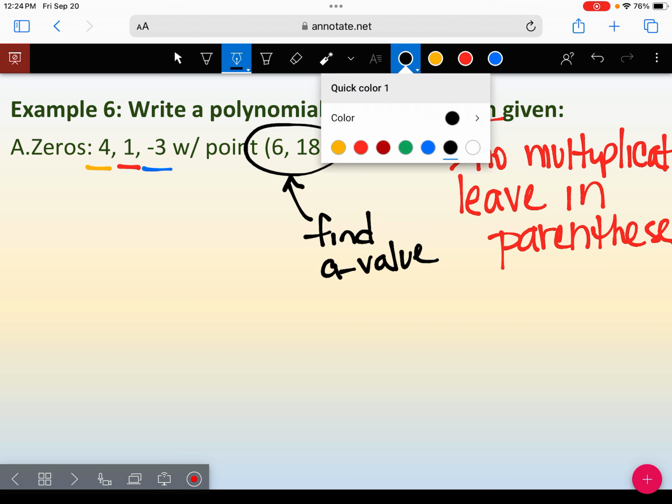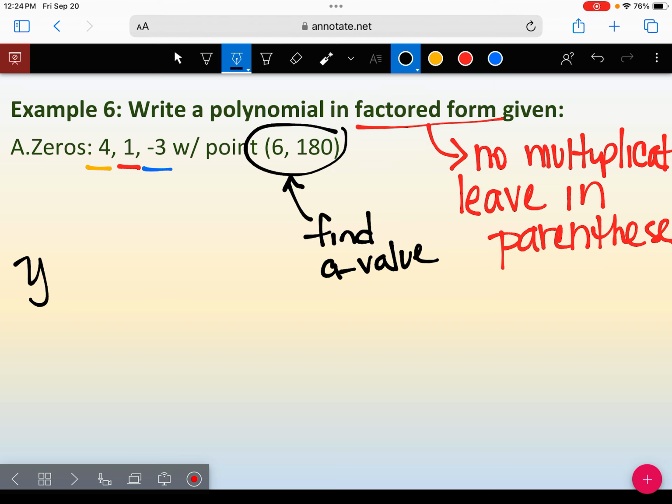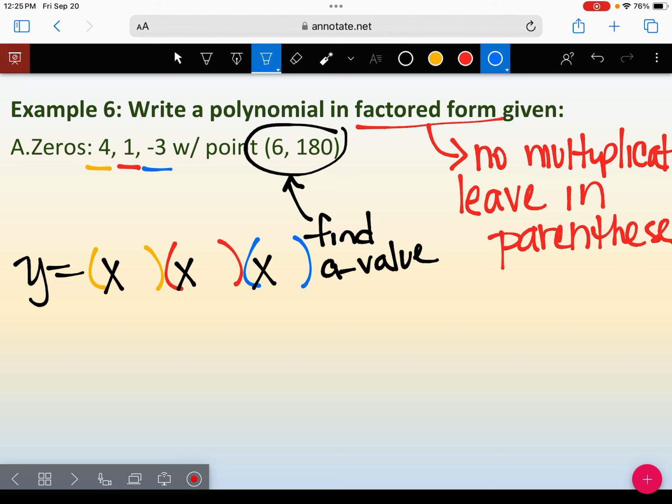So let's start off by writing our factors. So we have y equals. So for my first parentheses, what am I gonna put inside? Actually, let me back up a little bit.